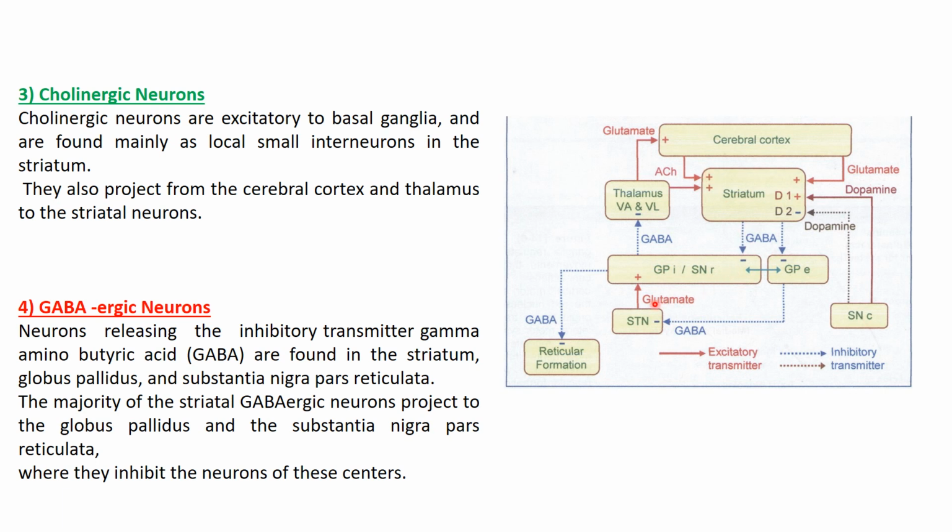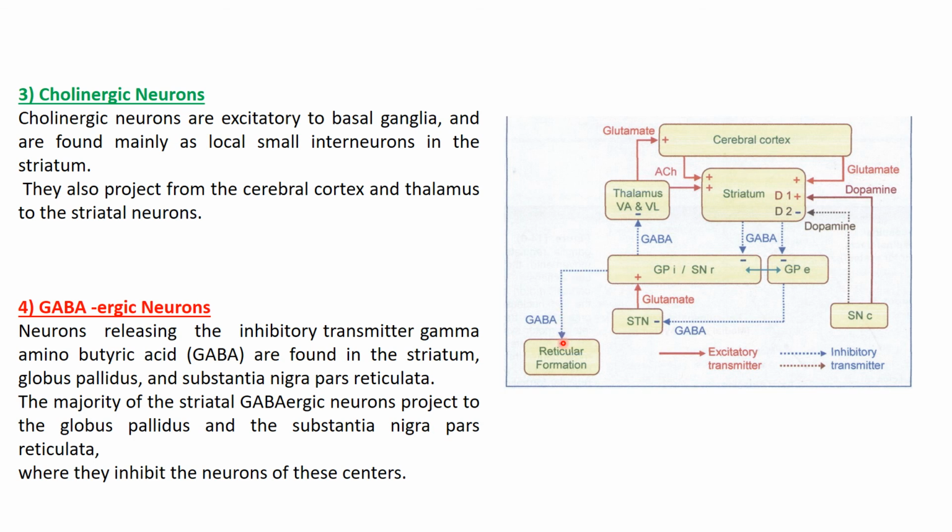The last neurotransmitter is the major inhibitory neurotransmitter, which is GABA, or gamma aminobutyric acid. It is secreted by cell bodies located in the striatum and projecting to the globus pallidus and substantia nigra pars reticulata, and also from the substantia nigra pars reticulata to the thalamus and from the globus pallidus to the reticular formation.